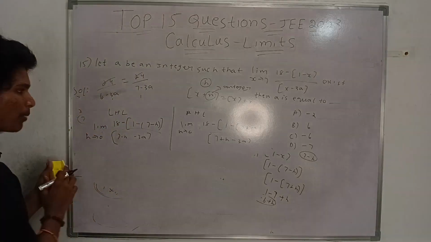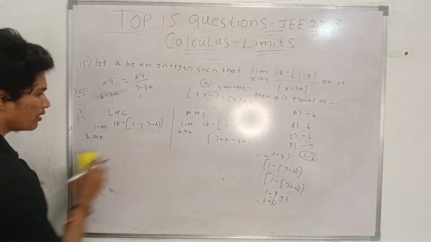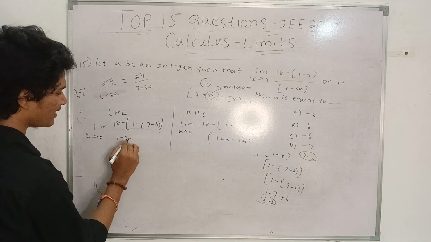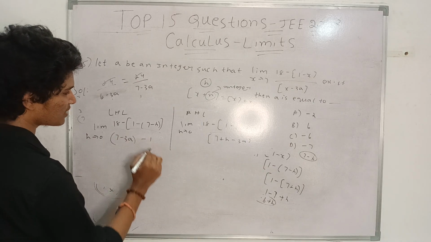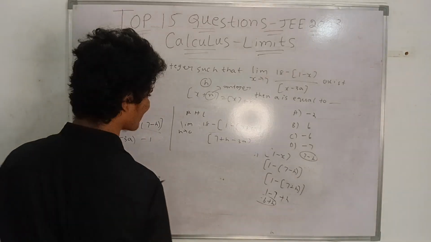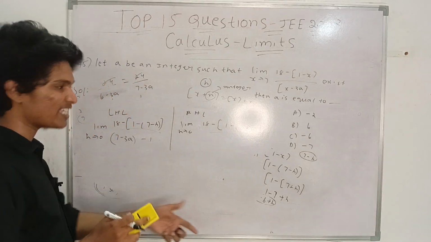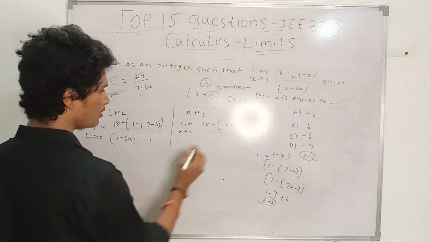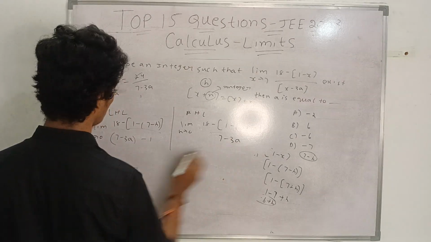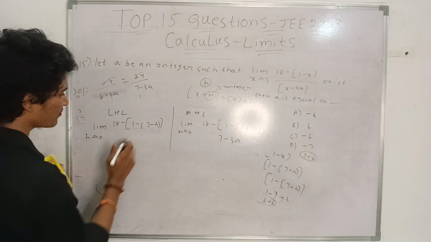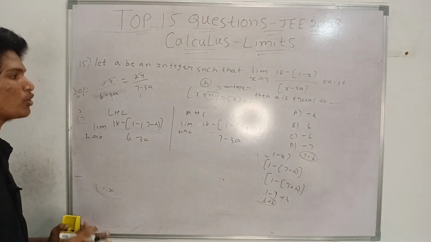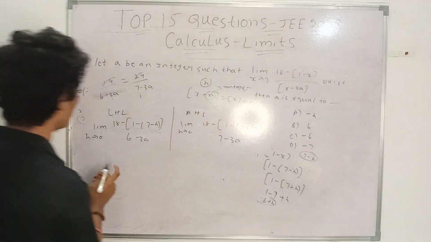The numerator and denominator parts are clear. Here it is 7 minus 3a, it is clear. Here minus 1. These parts can be easily written, because I already explained in the previous thing. Here it is 7 minus 3a only. This thing can be written as 6 minus 3a. Yes, this thing is clear to us, but there is a problem in the numerator part.